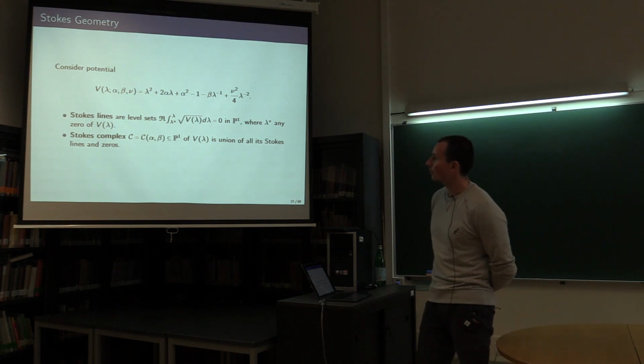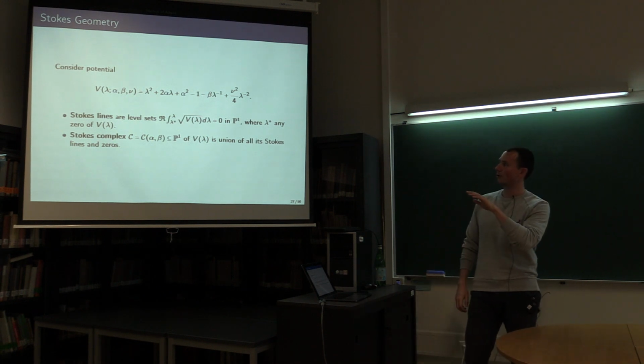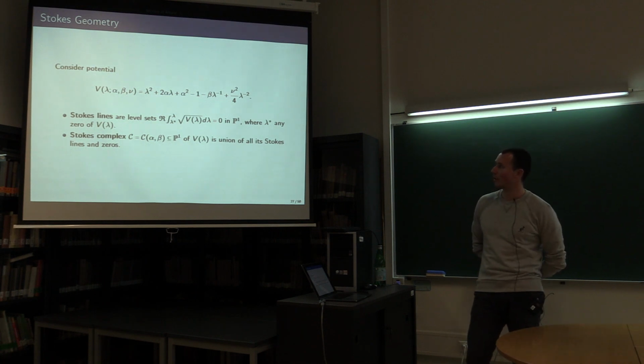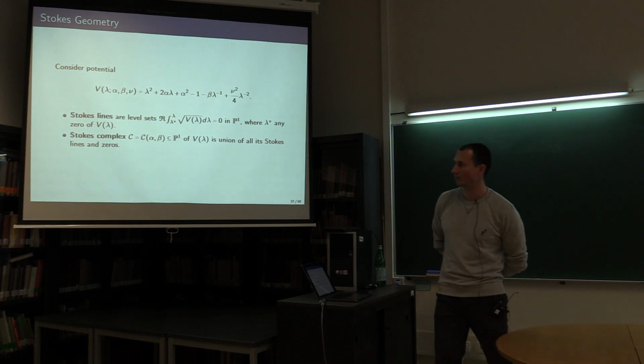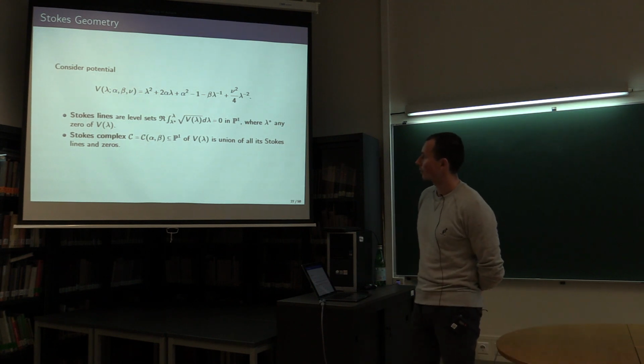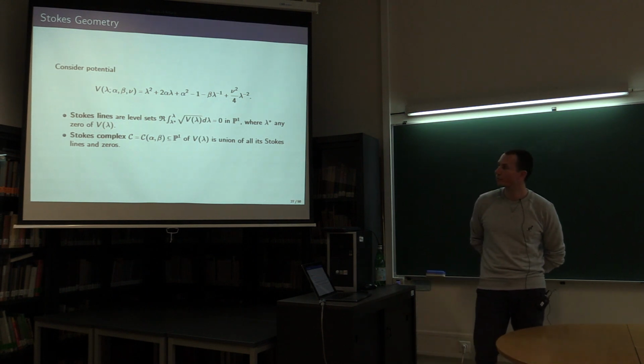Considering this potential, the Stokes lines are defined as level sets where the real part of the integral of the square root of v from lambda star to lambda remains 0, where lambda star is any zero of the potential. And the Stokes complex is the union of all the Stokes lines and the zeros of the potential.